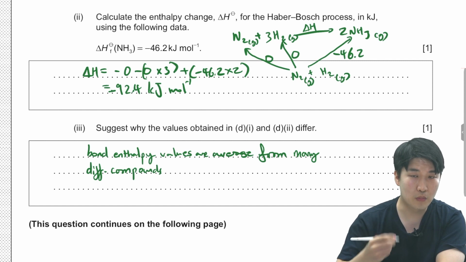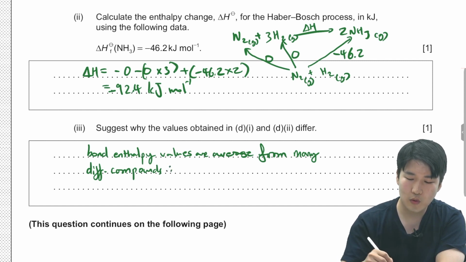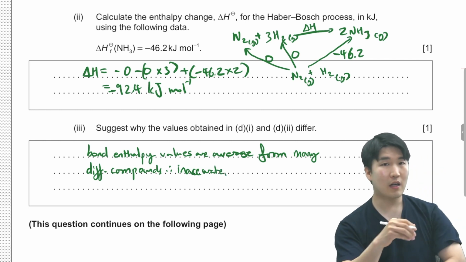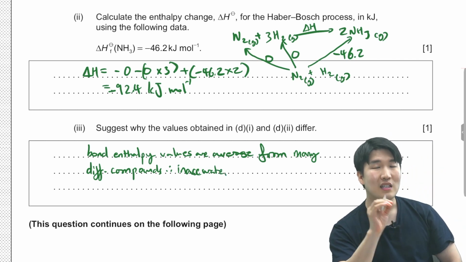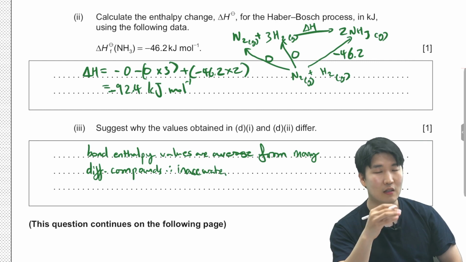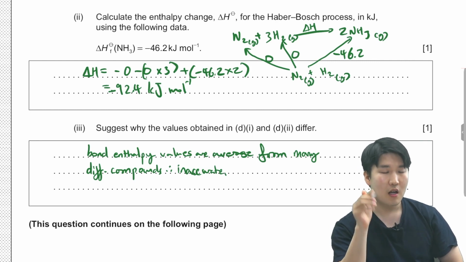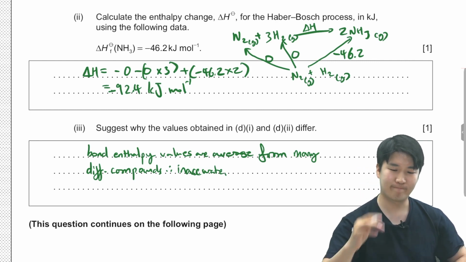And this is an important point, and therefore inaccurate. Delta H values calculated from delta HF, standard enthalpy change of formations, are more accurate.